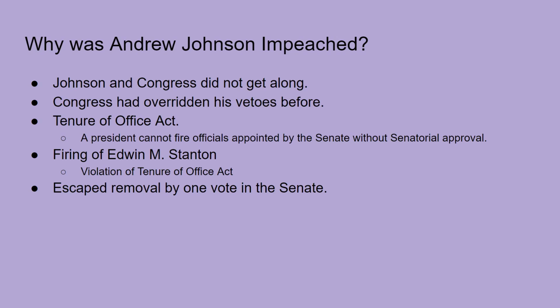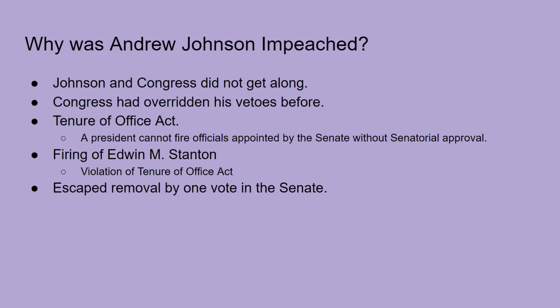Now, as has been the case in every impeachment trial of a U.S. president so far, Andrew Johnson escaped removal, by one vote, as did everyone except Donald Trump.